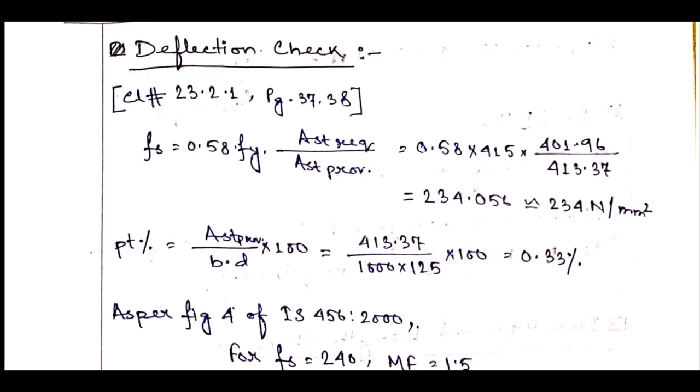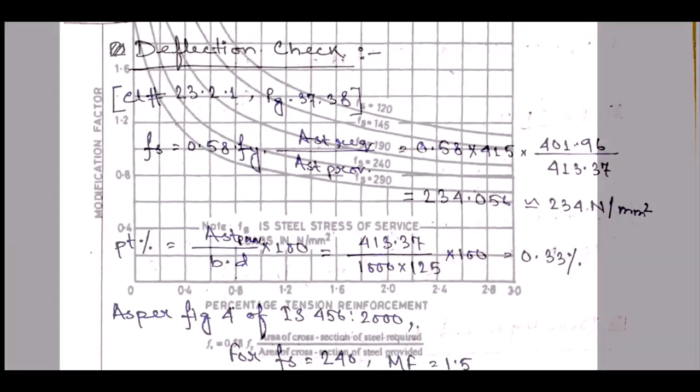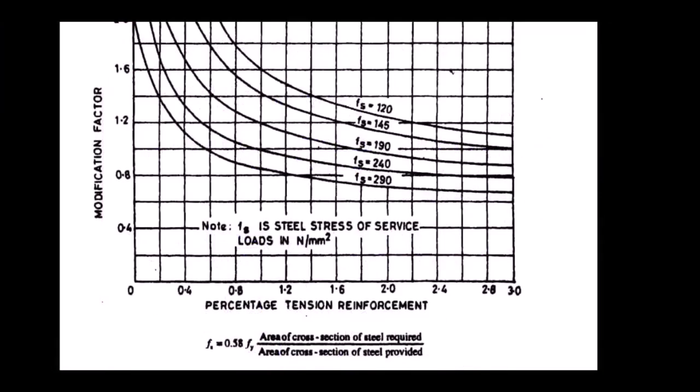So let's go to figure 4. You can see on your screen figure 4 of IS 456 2000. Our fs is 234 Newton per millimeter square, but there is no curved line for 234. It lies between 190 and 240. So we have to interpolate between these two lines.